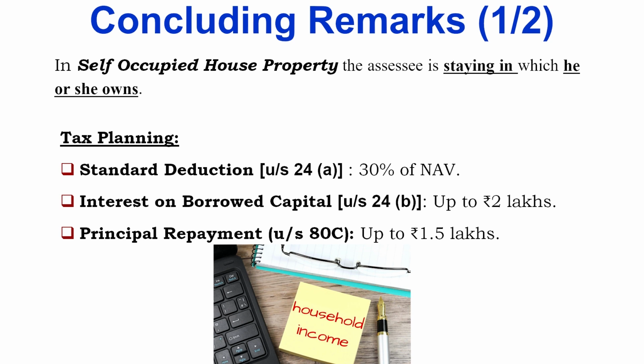Here, for the purpose of tax planning, we can get standard deduction under section 24 subsection A, that is 30% of net annual value, deduction under section 24 subsection B, that is interest on borrowed capital up to 2 lakhs, and deduction under section 80C, that is principal repayment up to 1,50,000.